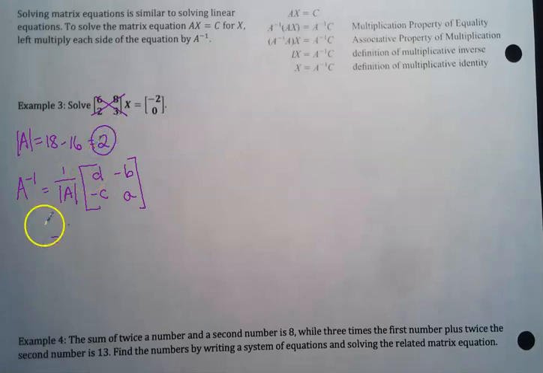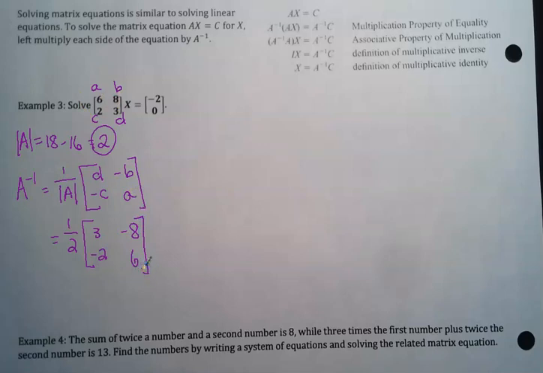We found the determinant of A is 2. So our inverse of A is going to be 1/2 times D. Again, I'm going to erase here so I can get a clear vision of my numbers. D goes here, so that was 3. Negative B, so we had a positive 8, it's going to be a negative 8. Again, feel free to label these: this is A, B, C, D. We want negative C. It was positive 2, so now it's going to be negative 2. And then we want A, so 6.